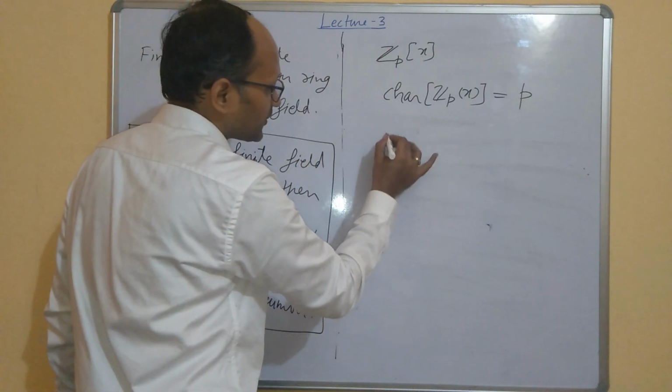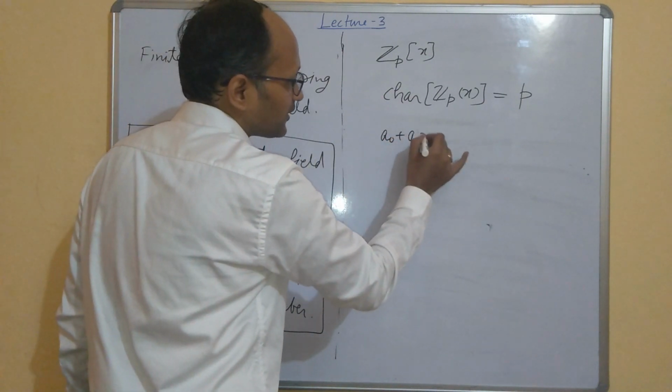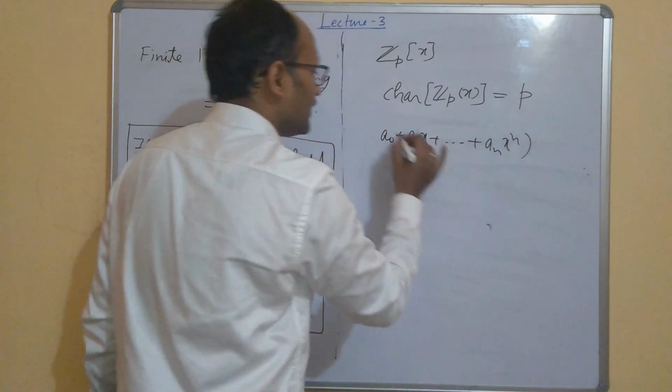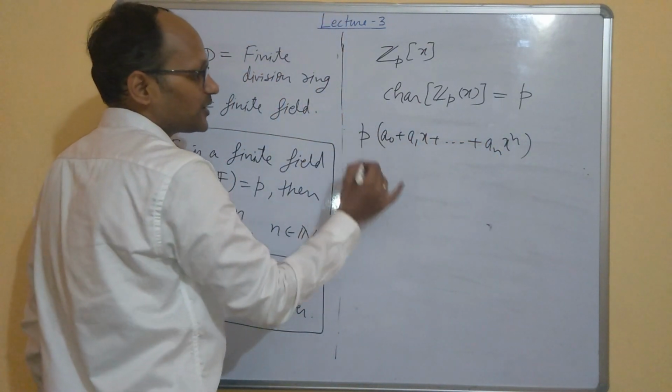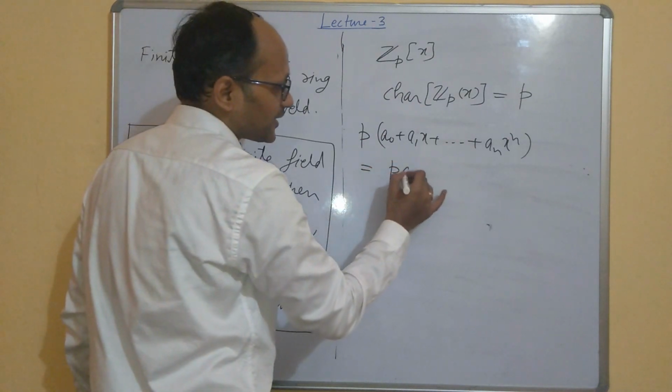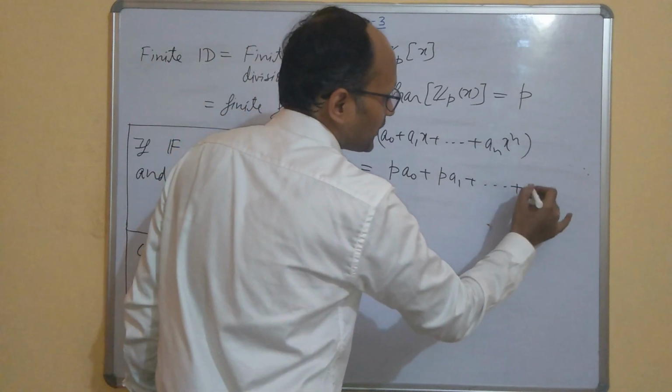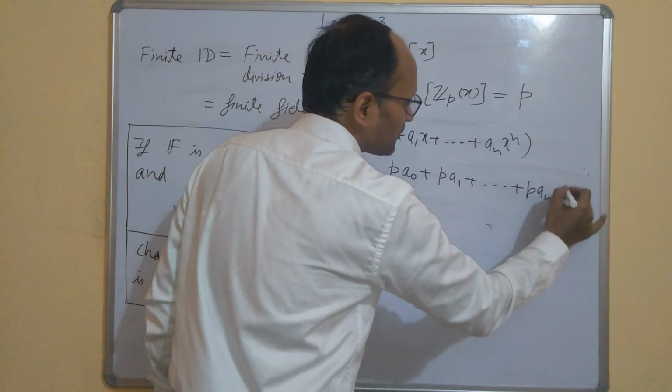Let me come to the example. Suppose I take a polynomial a0 plus a1x plus and so on plus an x to the power n, and I sum it P times, that is multiplied by P, then what we will get is Pa0 plus Pa1 x plus and so on plus Pan x to the power n.